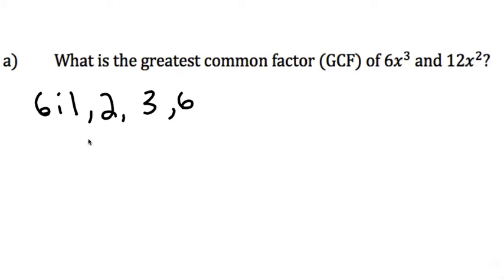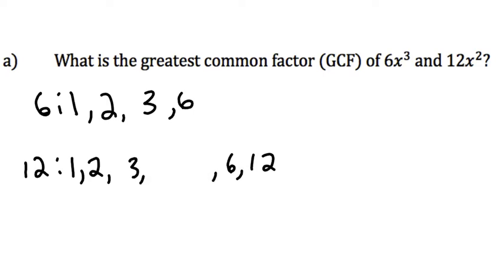And for 12, we would have 1 times 12, 2 times 6, and 3 times 4. So the biggest number that they both have in common is the 6. We know the GCF of the numbers is 6.